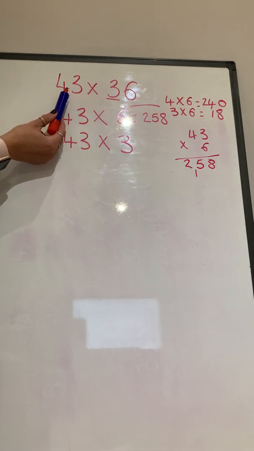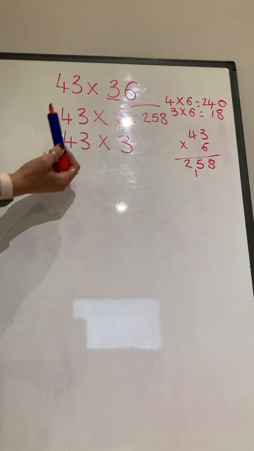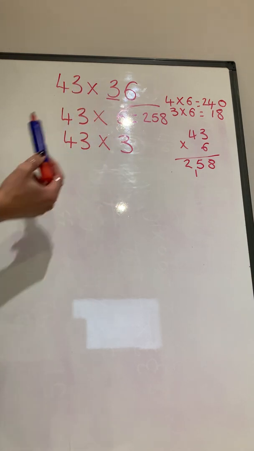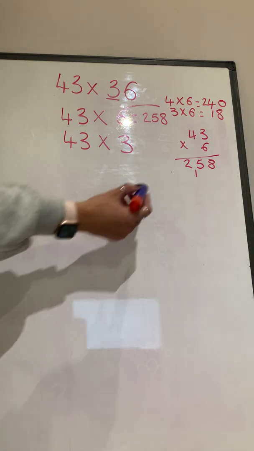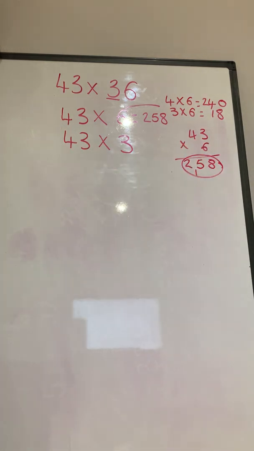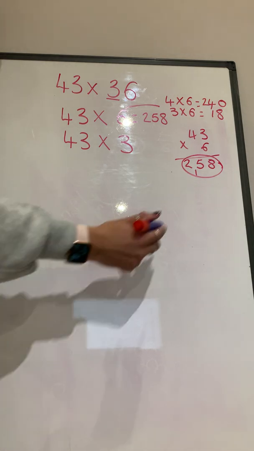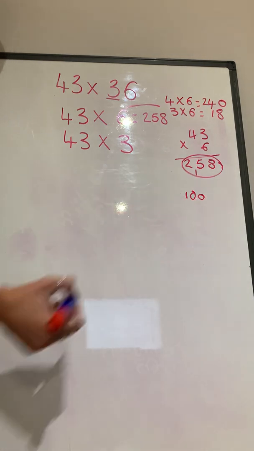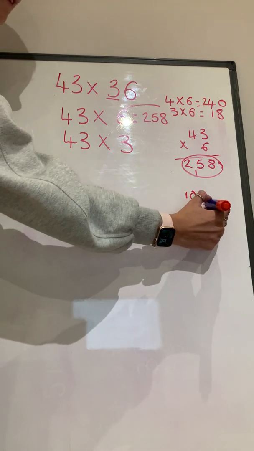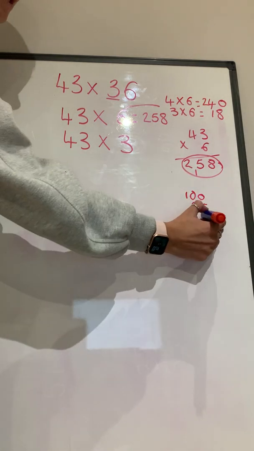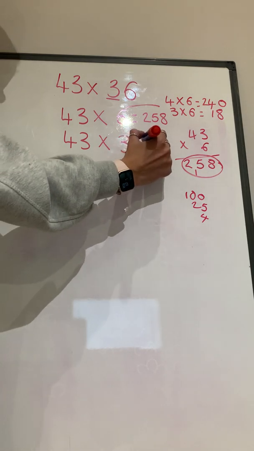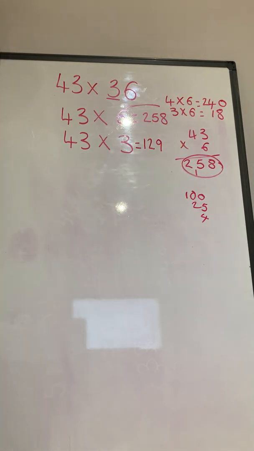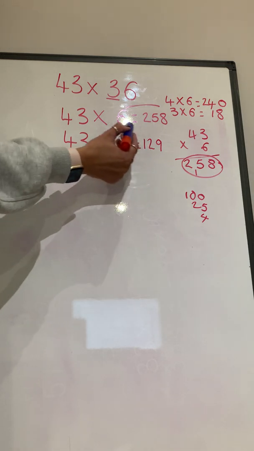So I've multiplied my multiplicand by the ones column. I'm now going to multiply my multiplicand by 3. 43 times 3, well that should be, or it will be, half of that. So I can halve 200, which is 100. I can halve 50, which is 25, and halve 8, which is 4. And when I add that up together, I've got 129. Okay? That's multiplied by 3.